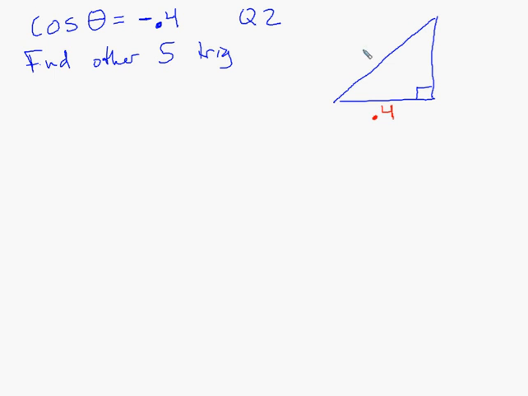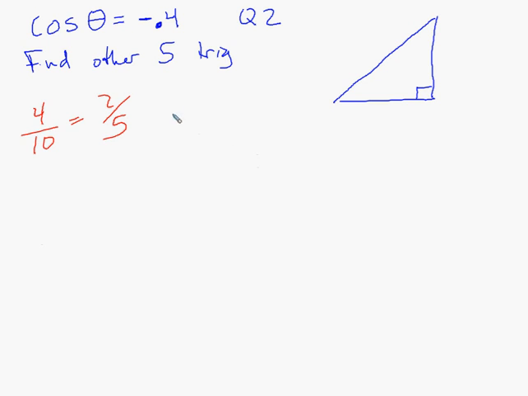I could fill in like this. What's the denominator here? 1. I could fill it in like that and do Pythagorean's theorem using decimals. That's okay. I don't care if you do that. You'll get the same answer as we're going to get doing the other way. I technically like this way. I like saying that 0.4 is 4/10, and I change it to a fraction and reduce that fraction.